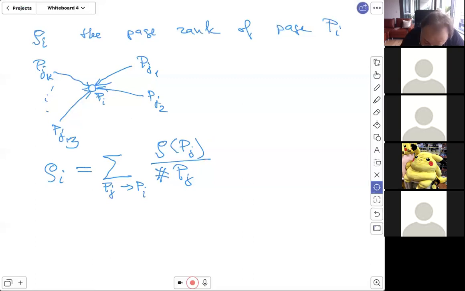So now the question, of course, is why just this formula. Why not say rank squared and the square root of the number of outgoing links of Pj? Well, for two reasons.